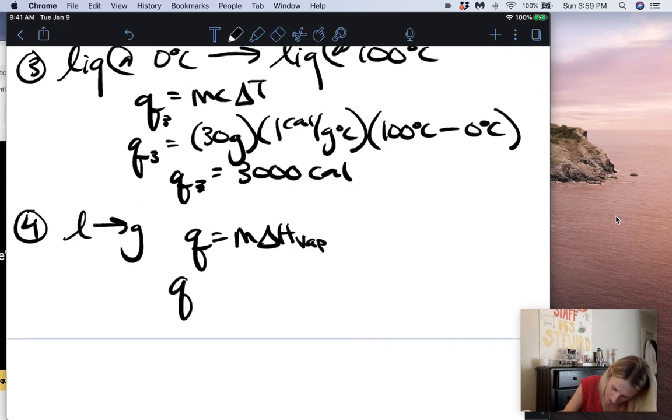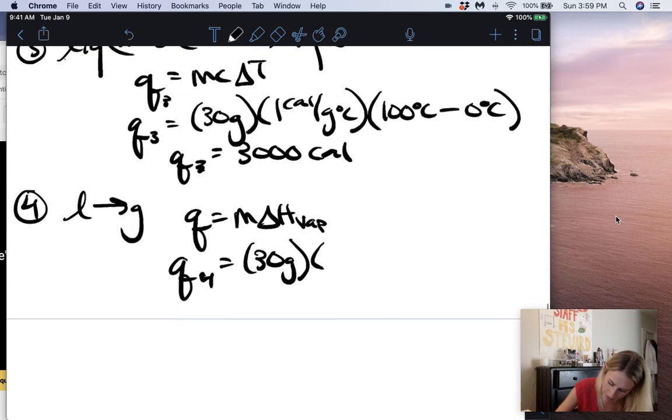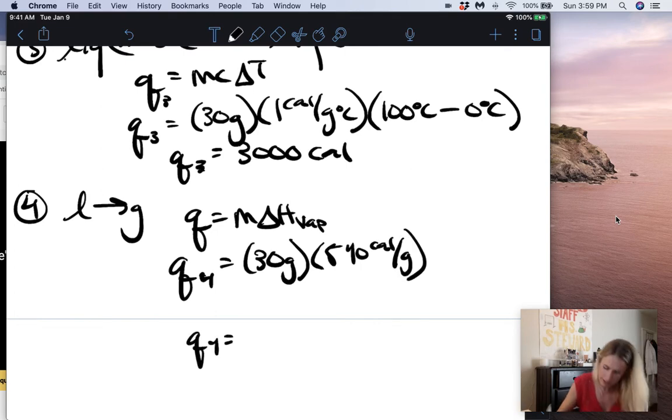So here, Q for 4 will be mass, which was 30 grams, times the heat of vaporization for water, which was 540 calories per gram.